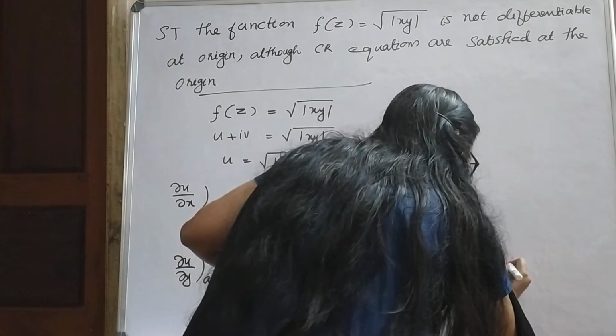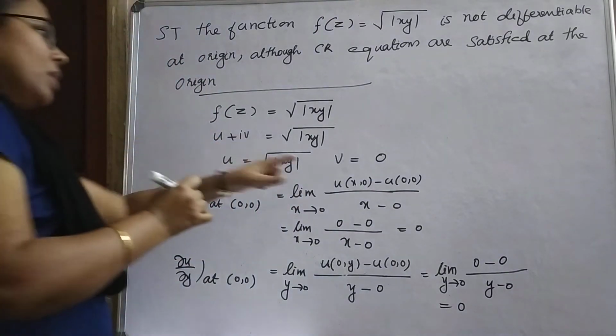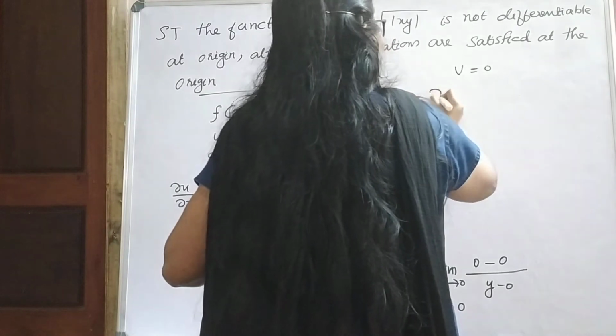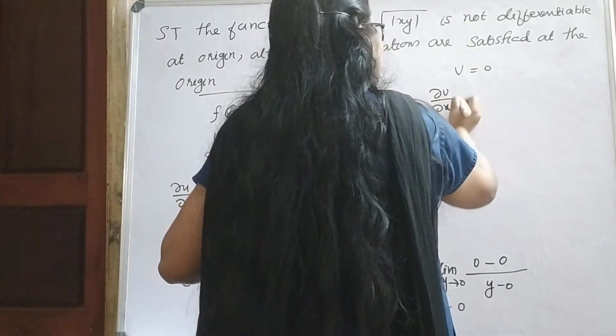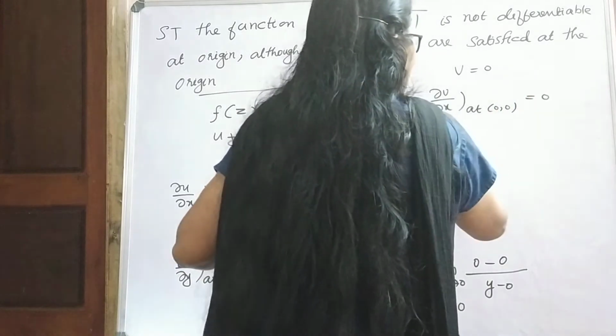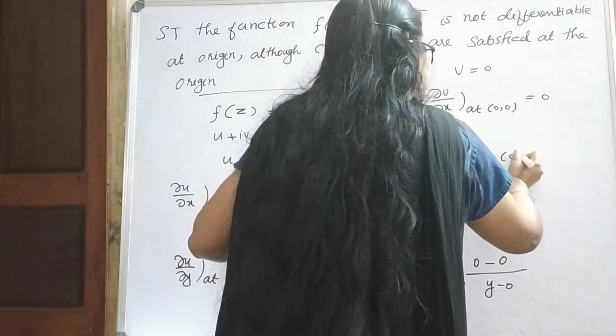Also u of 0, 0 is 0, so 0 by y minus 0 is equal to 0. Now v equal to 0. Therefore dou v by dou x at 0, 0 equal to 0, and also dou v by dou y at 0, 0 equal to 0.